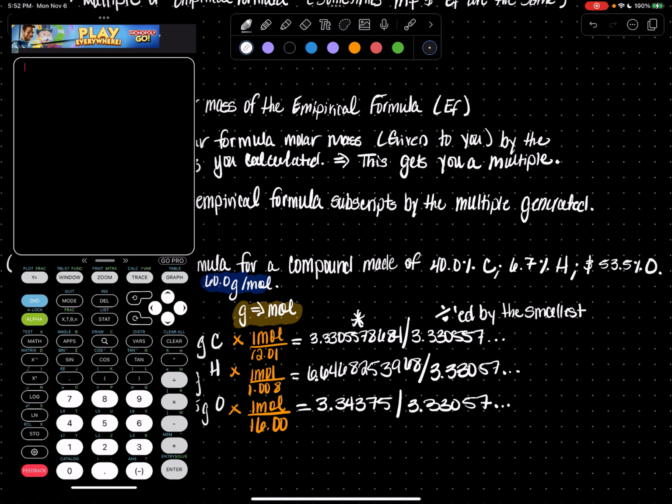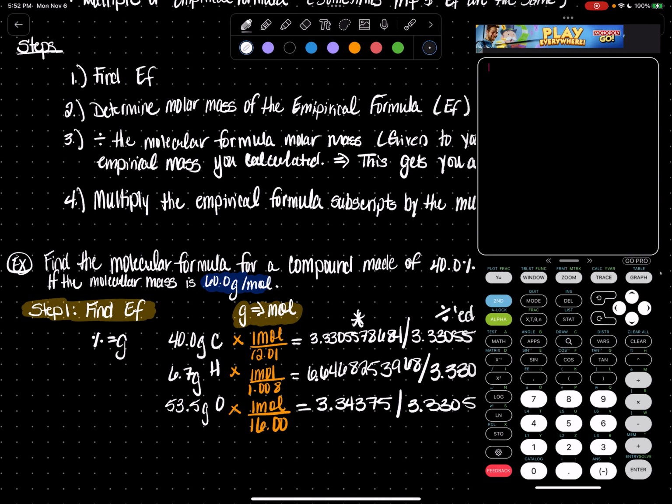I'm over here being difficult. There we go. So then I've got 6.7 divided by the molar mass. All I'm doing right now is getting those molar values back in my calculator for ease of use, by dividing by the molar mass.